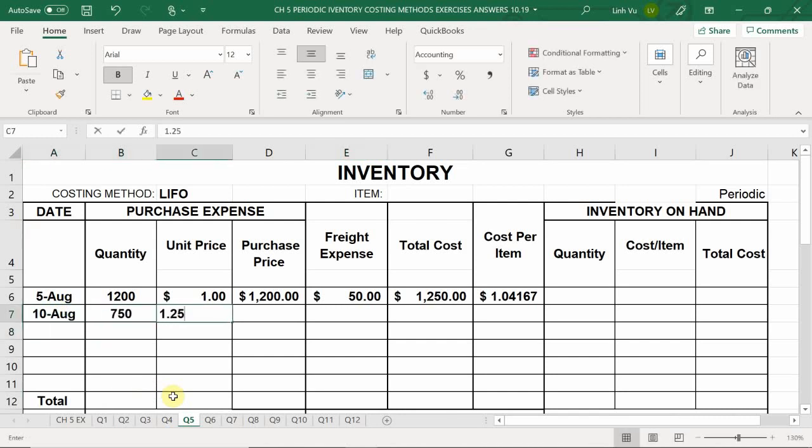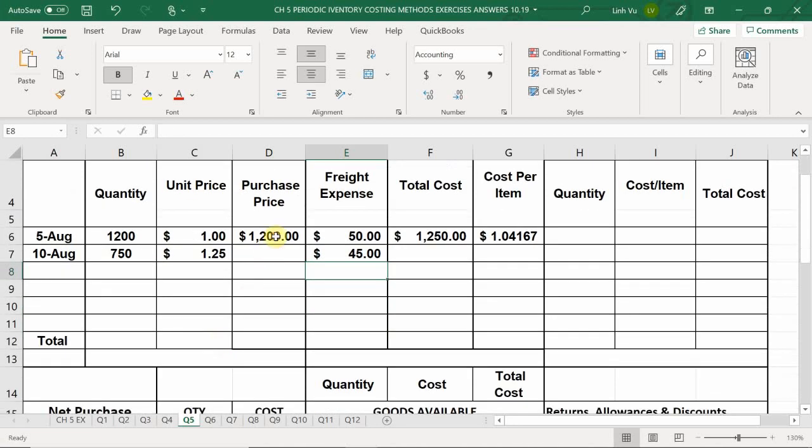So here, what's my purchase price? 900. Okay, I got 937.50. I put the wrong number.